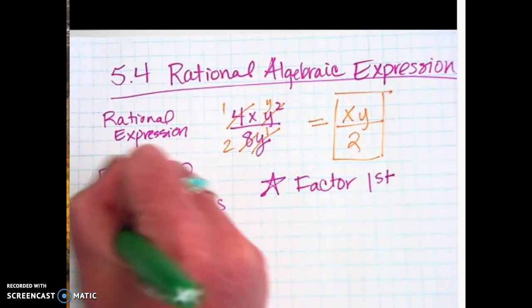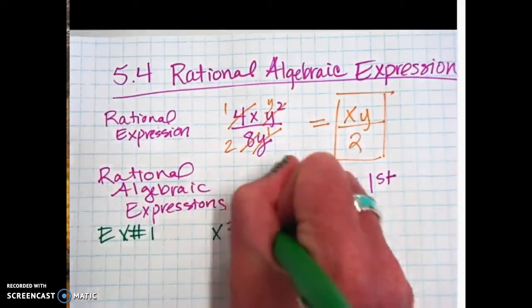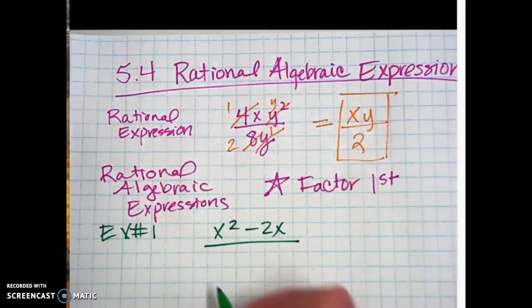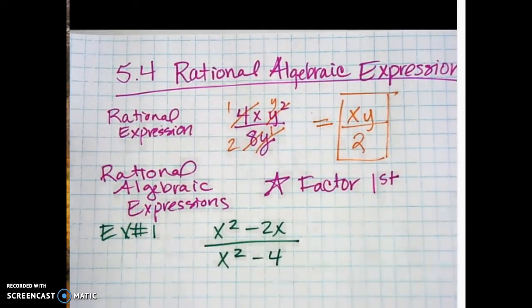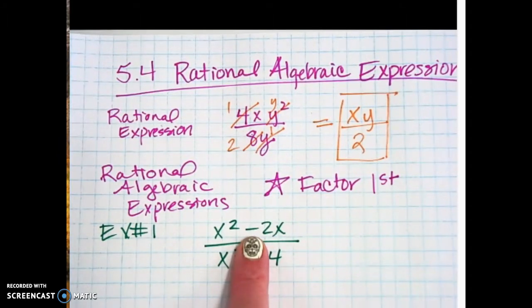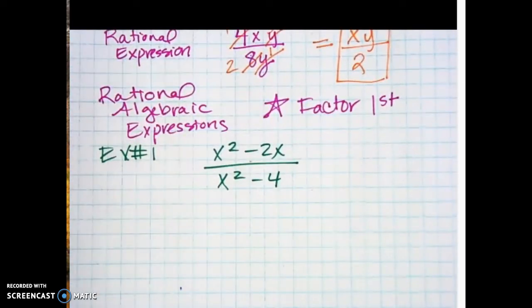All right, so example number 1, we're going to get something like x squared minus 2x over x squared minus 4. Because there's a minus sign, or it could be a plus sign, between the terms, that means you're going to need to factor before you just start canceling.